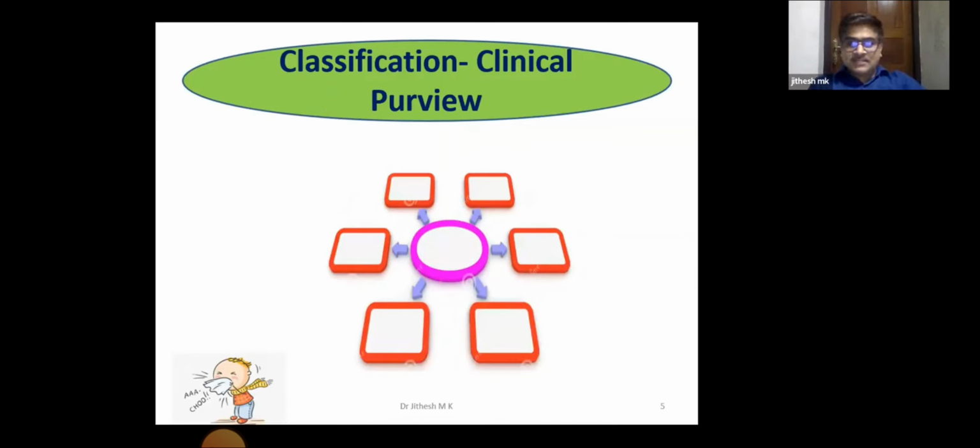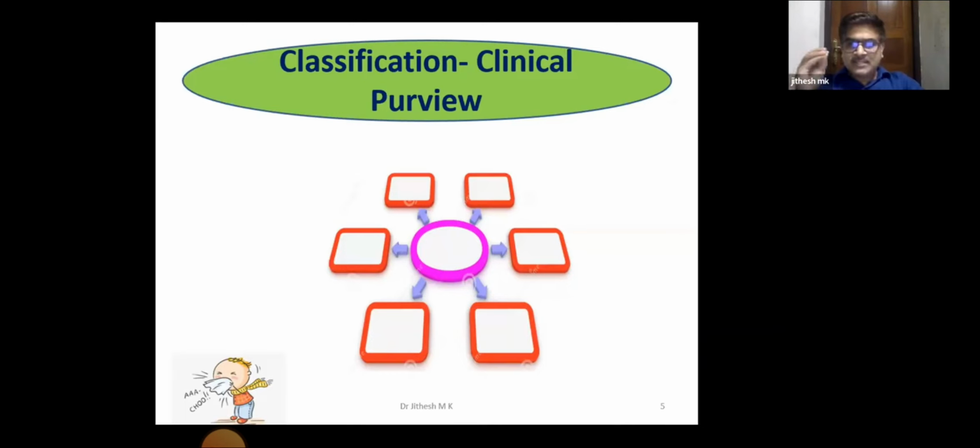So we will see the classification of kasa, isn't it? We know that there are pancha kasa: vata, pitta, kapha, kshayaja and kshataja. But for treatment purposes, this much classification is not sufficient. We need to go into little more detail regarding the classification part.